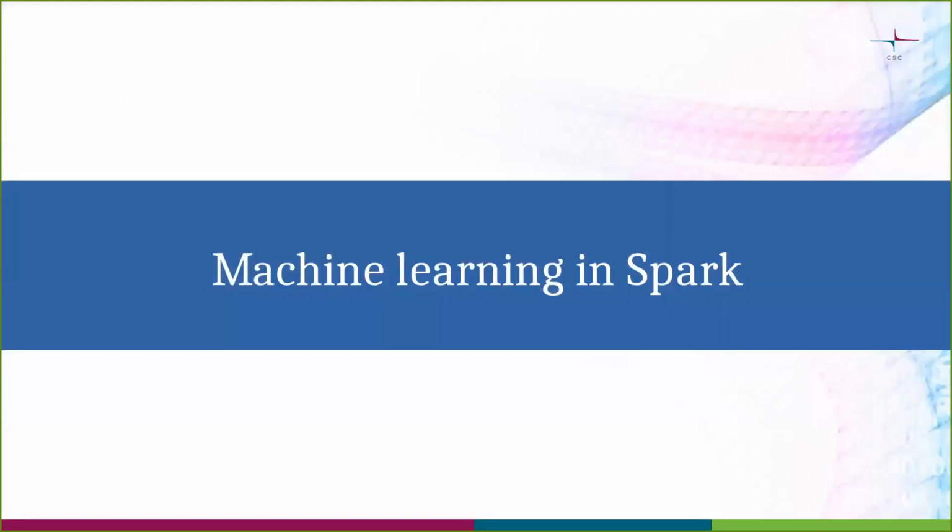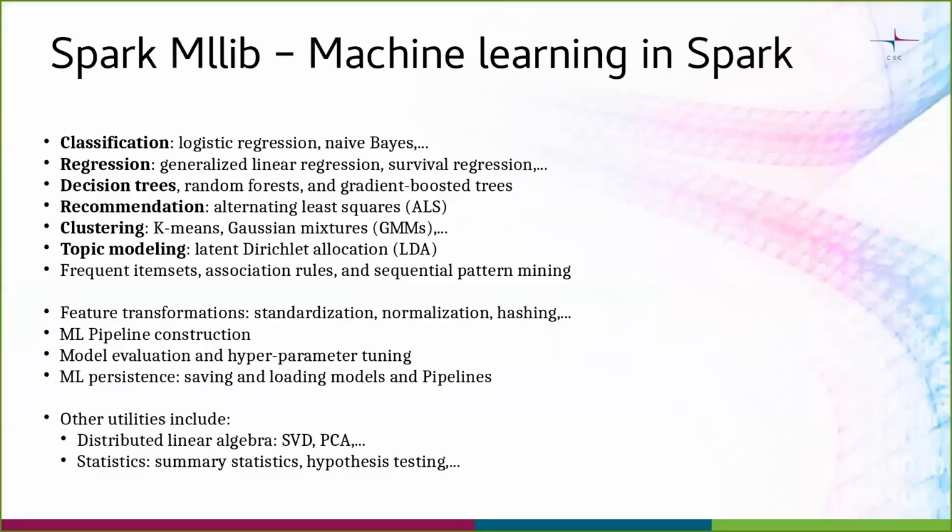And then we have to talk a bit about machine learning. Machine learning in Spark is done by using the MLlib library, which is Spark's native machine learning library. So instead of actually typing the code yourself, you can use the machine learning library that Spark has to offer. There are many libraries that Spark already gives you, such as the ones listed here.